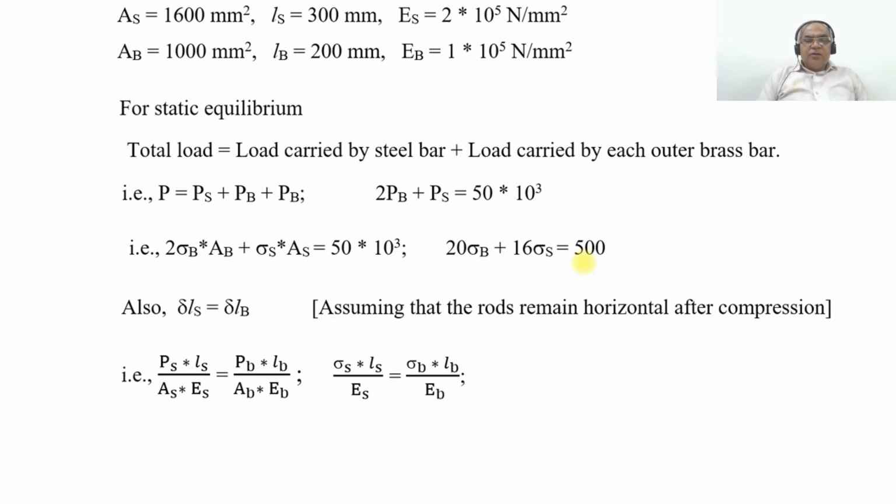Substituting the values, sigma S into 300 by Young's modulus of steel, 2 into 10 to the power of 5, will be equal to sigma B into 200 by 1 into 10 to the power of 5. On simplification, sigma B will be equal to 0.75 into sigma S. Now you substitute this in the equation 20 sigma B plus 16 sigma S is equal to 500.